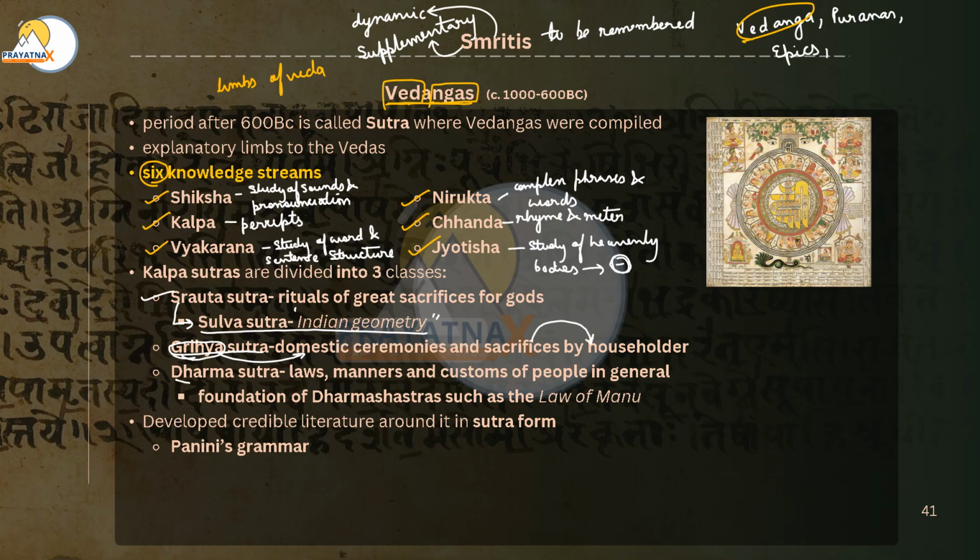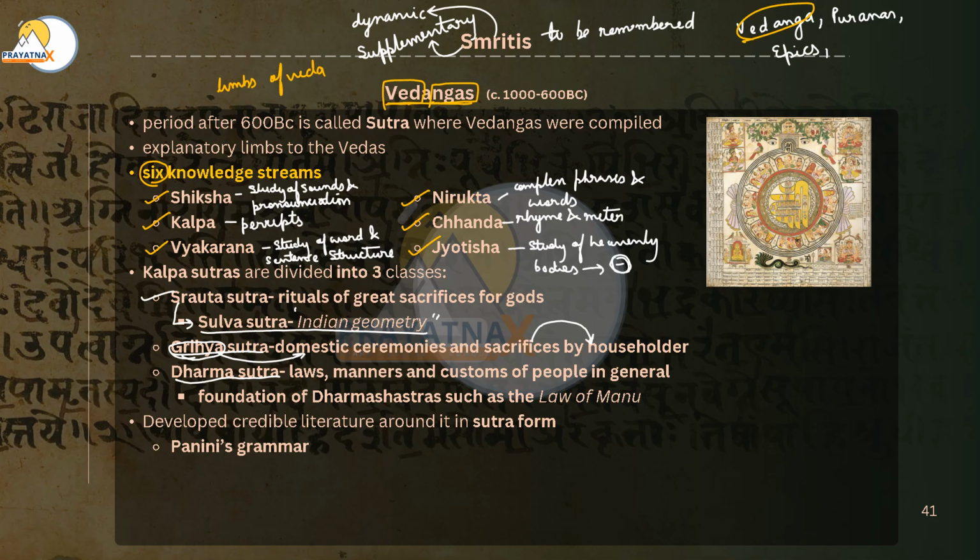Now, Dharma Sutra, like the term suggests, Dharma means the laws basically. So, these sutras dealt with the laws and the manners in which people's conduct and customs were governed.